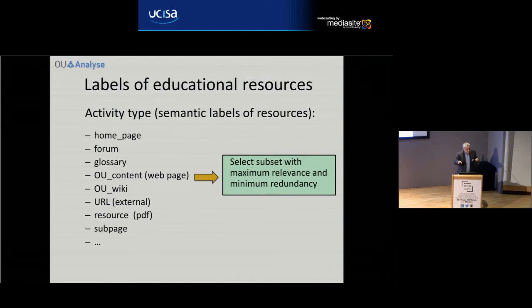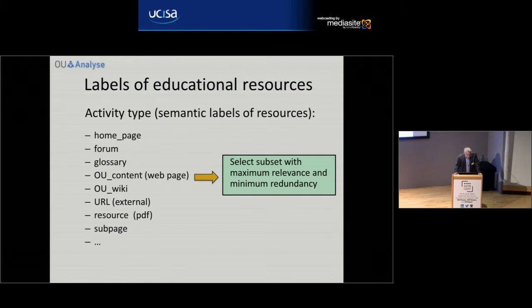And out of these, we typically select six, the most informative activity types. They are selected based on the criteria of maximum relevance for the prediction and minimum overlap, minimum redundancy.